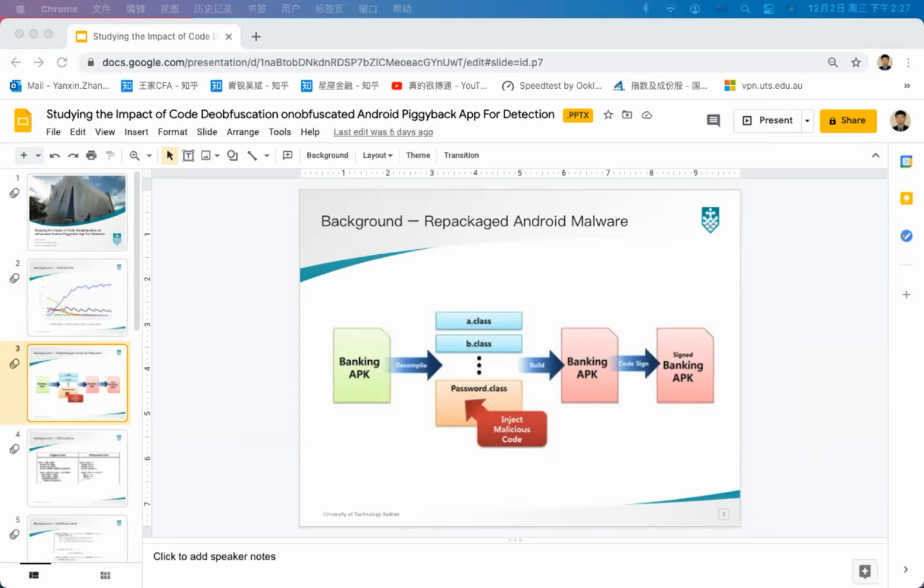So the other strategy for attackers is to create repackaged Android malware.